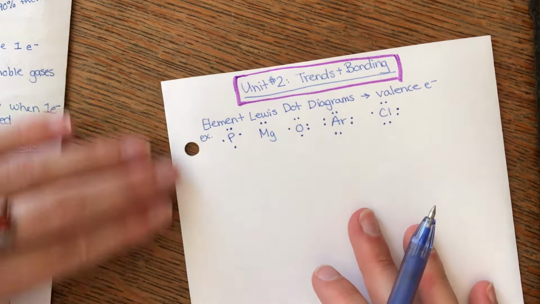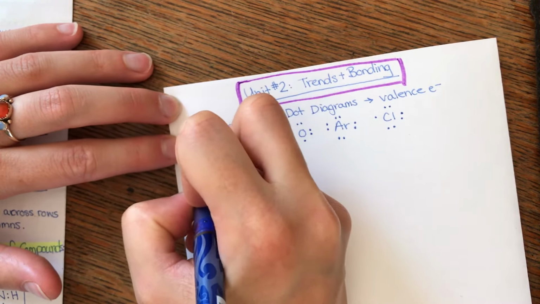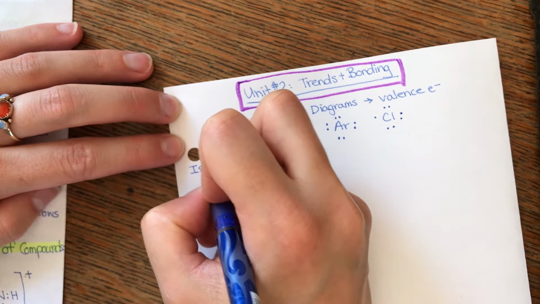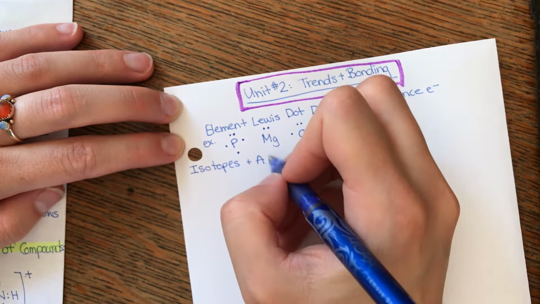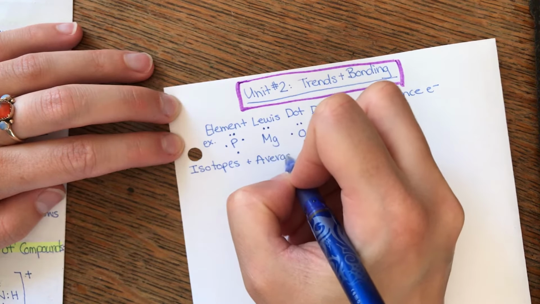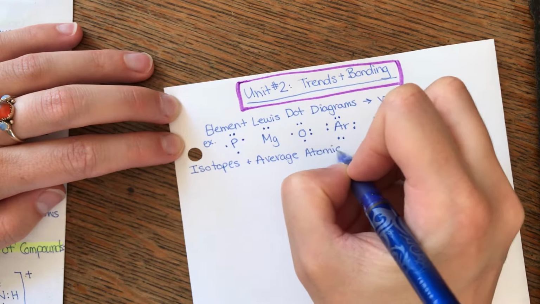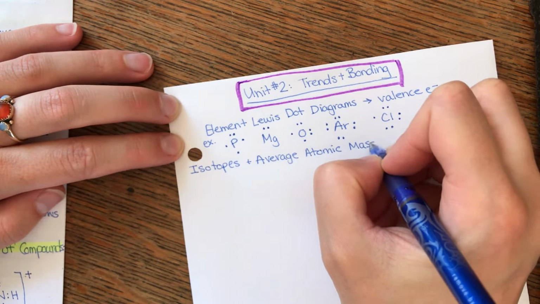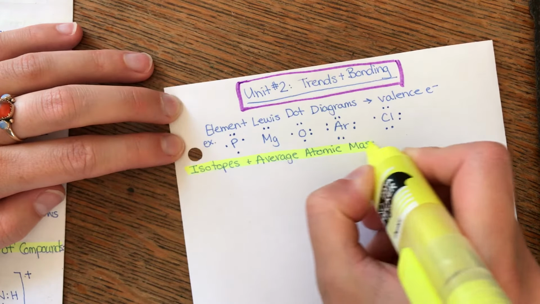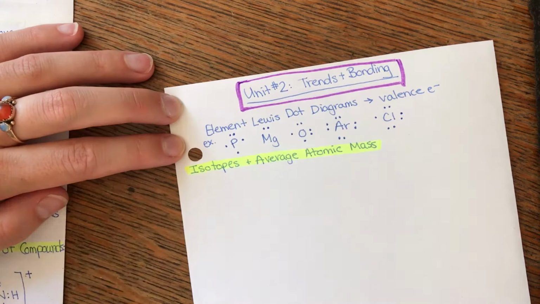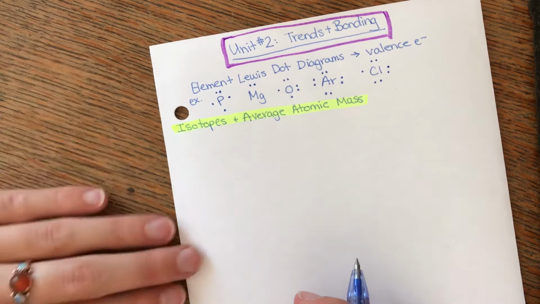So the next thing we looked at was isotopes and average atomic mass. Isotopes are atoms of the same element that have differing numbers of neutrons, so that means they have different masses.